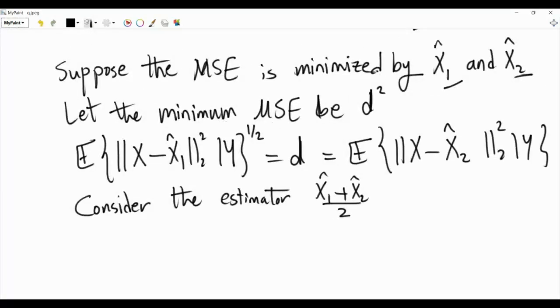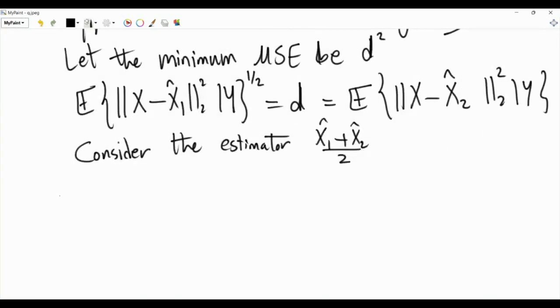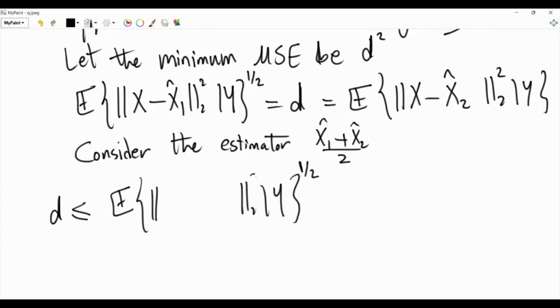Now we know that the minimum mean squared error is d squared. So this means that d is less than or equal to the conditional expectation given y, raised to the power 1/2, of the L2 norm squared of x minus x1 hat plus x2 hat divided by 2. Why is this? Because here we are using this vector as an estimator, and among all estimators, x1 hat and x2 hat provide the minimum mean squared error, which is d squared. So if we take the square root, it's d.